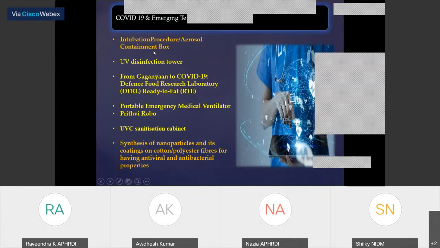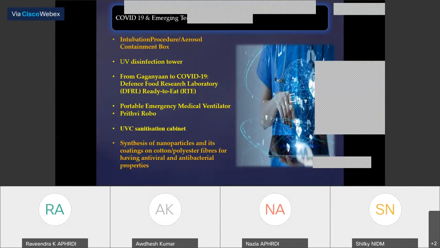These are certain names: the intubation procedure aerosol containment box. Unfortunately, I have to talk about dead bodies, which are also contaminated with the virus. So how do we contain the virus in a particular area? These containment boxes are designed for that. UV disinfection towers are also designed.